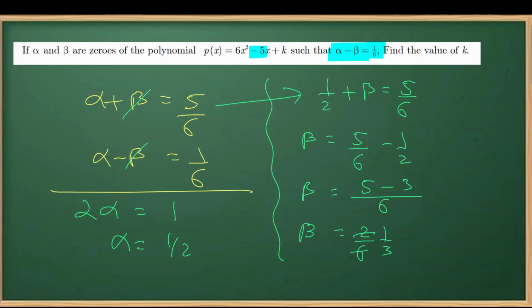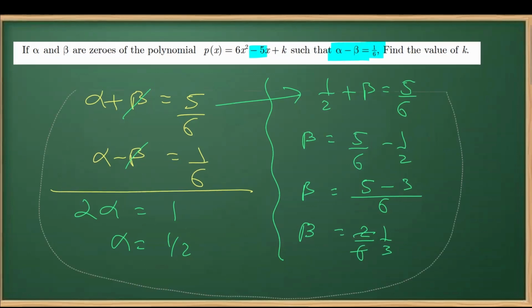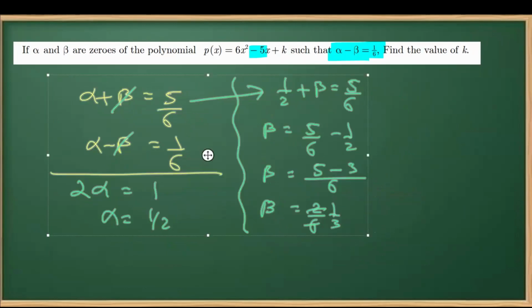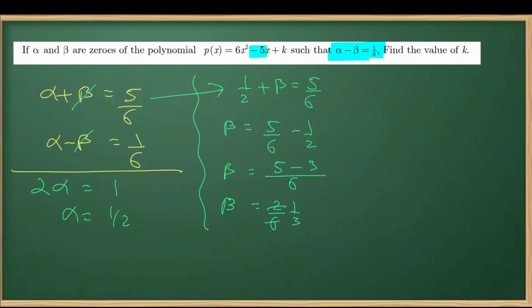Now check, we got the value of alpha and beta, but now what we'll do is get the value of k here. To get k in this case, we'll obtain the product of the zeros. Product of the zeros, that is alpha into beta, is what? c by a. Well, c is the constant and a is 6 in this case. So we can say this is k over 6.